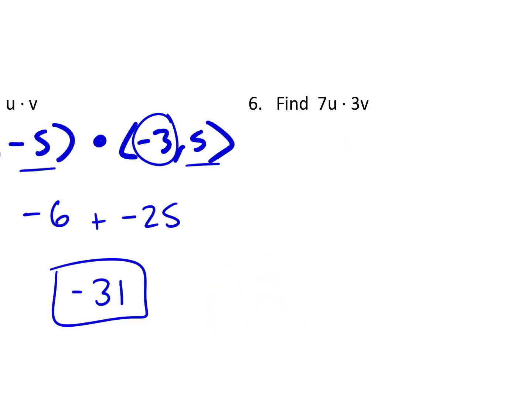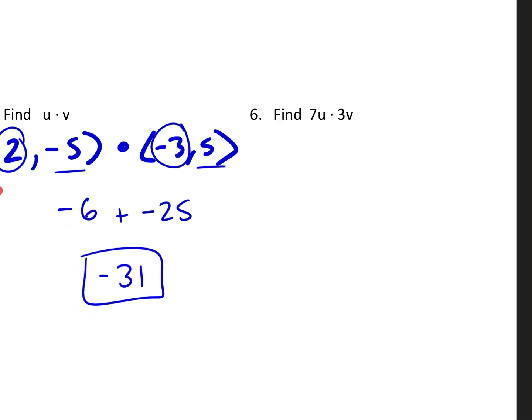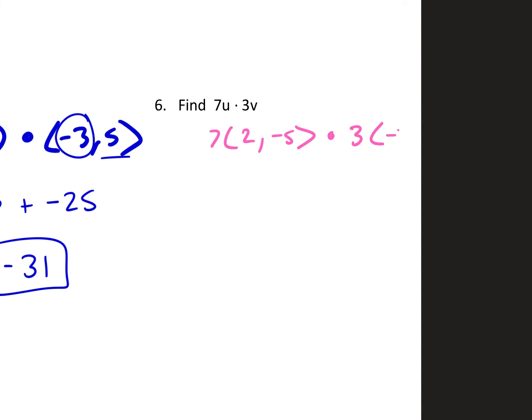All right, number 6, we have to find the dot product, but first we have to multiply it by our scalars. So I have 7 times u, which u is 2, -5, and then 3 times v, which is -3, 5. So distribute first. So this will become 14, -35, dot product of -9, 15.